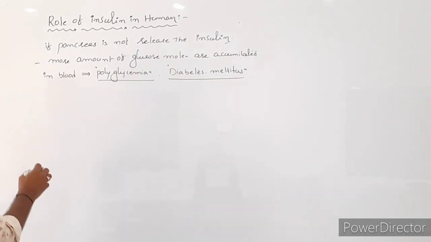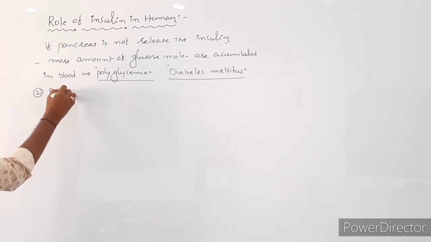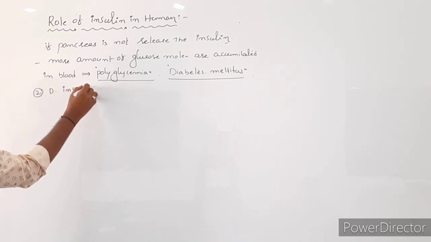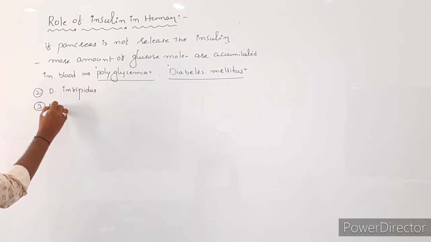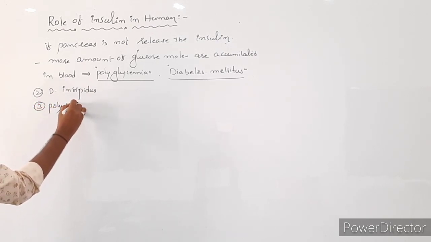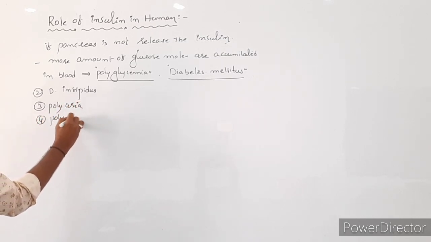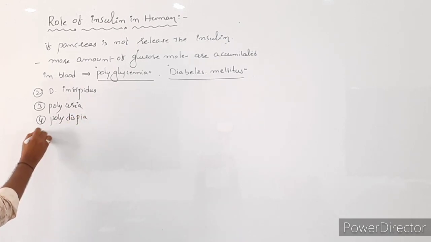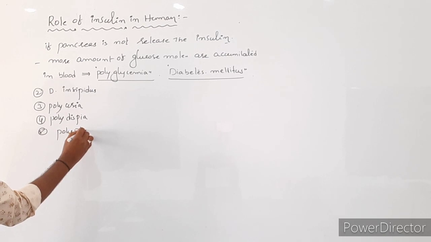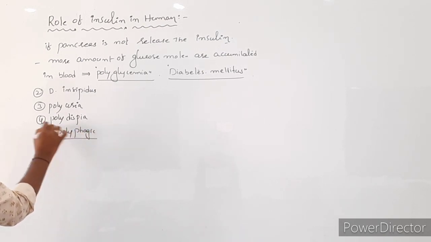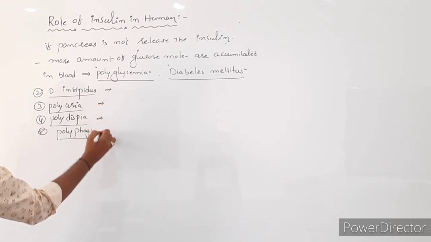And the next diseases are diabetes insipidus, polyuria, polydipsia and polyphagia. So these are actually caused by deficiency of insulin. Clear?